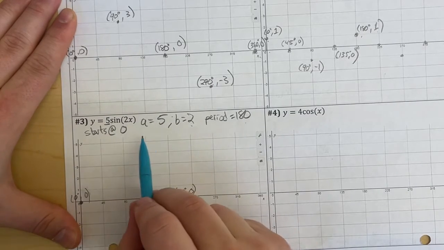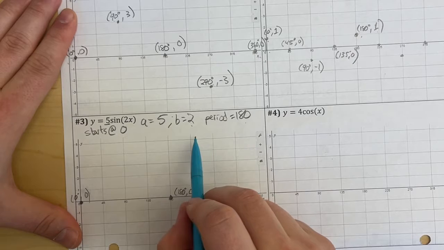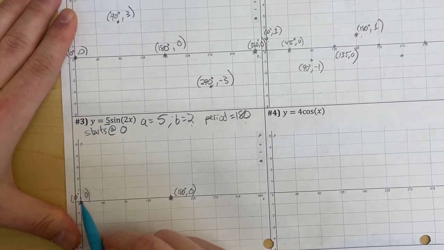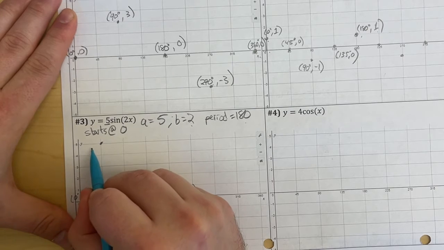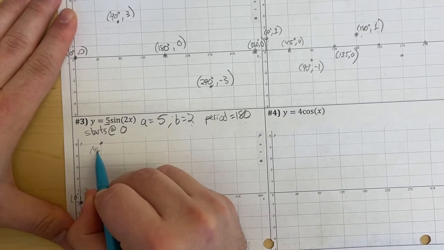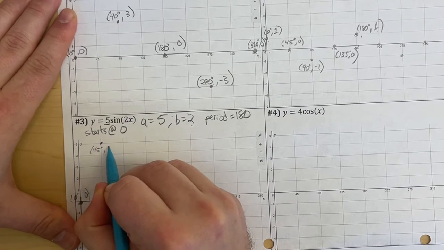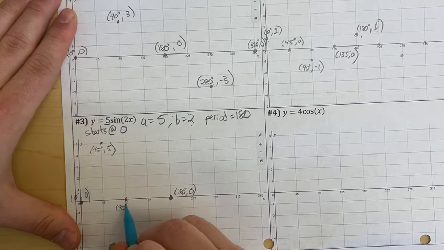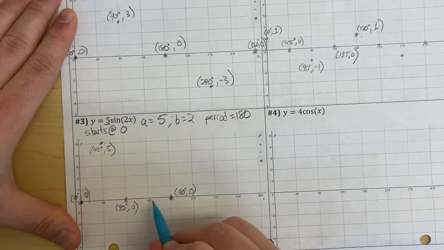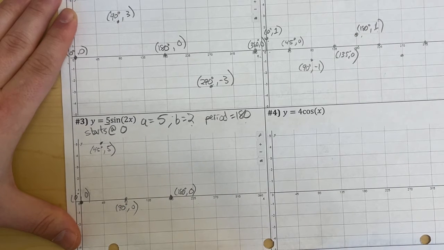We're going to say every 45 degrees it changes, so I go up to 5. It's a really tall function, so at 45 degrees, my y value is 5. I go down, at 90, my y value is 0. And then I go to 135 degrees, and I'm going to have -5.